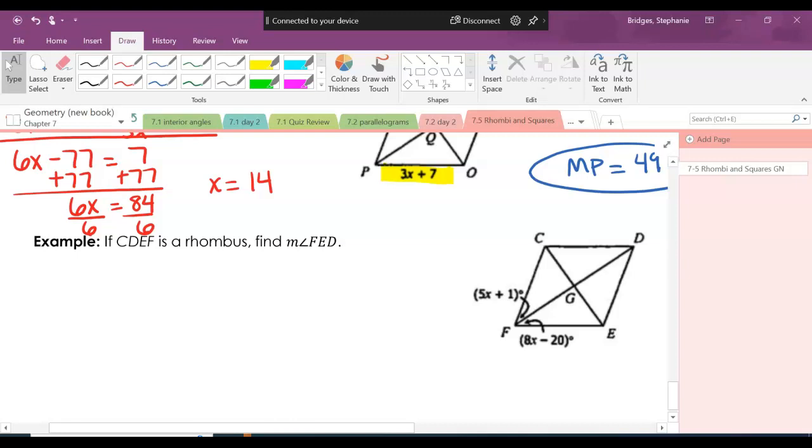So you need to set up your equation. Take those two angles, set them equal to each other, and solve for x. That is our first step. I need everybody working that equation. You're setting them equal because the diagonals bisect the angles. Solve it for x, and then you can pause there.